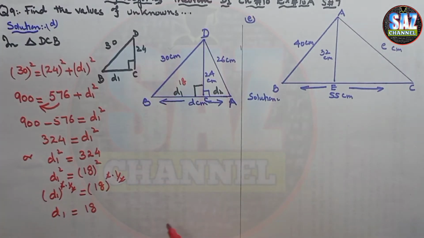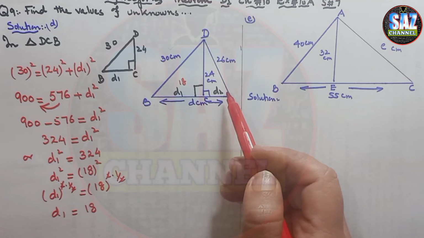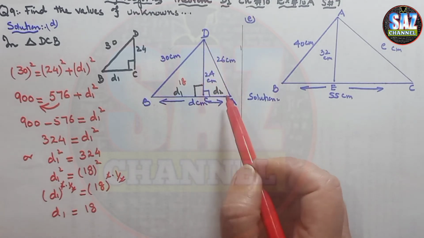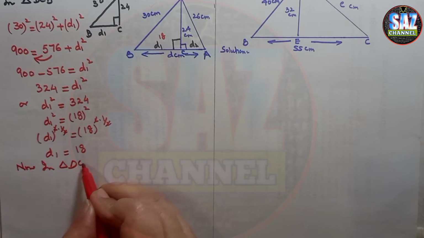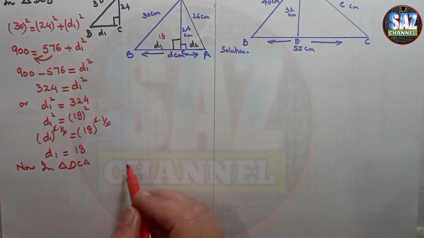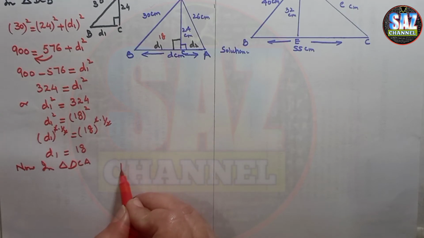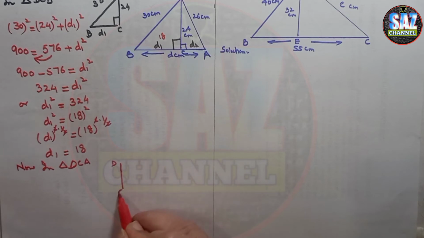For the other part of this length, we have to take the triangle DCA. Now in triangle DCA, again, first let me make a small reference here: this is D2, this is C and this is A.